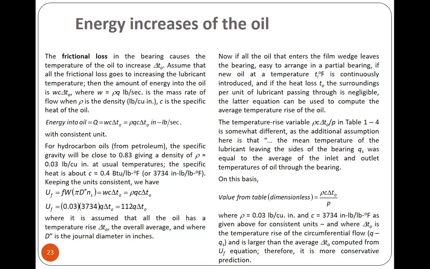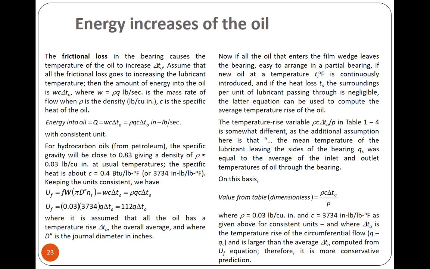So, is equal to rho Q C delta T sub O. So, yung D diameter mo is in inches. Kaya may inches doon. D double prime. So, U sub S equals 0.03 times 374 times Q times delta T sub O. It is now 112 times Q times delta T, where it is assumed that all the oil has a temperature rise of delta T sub O.